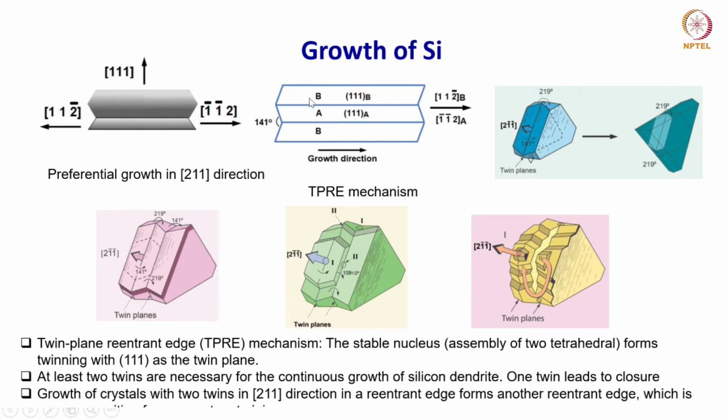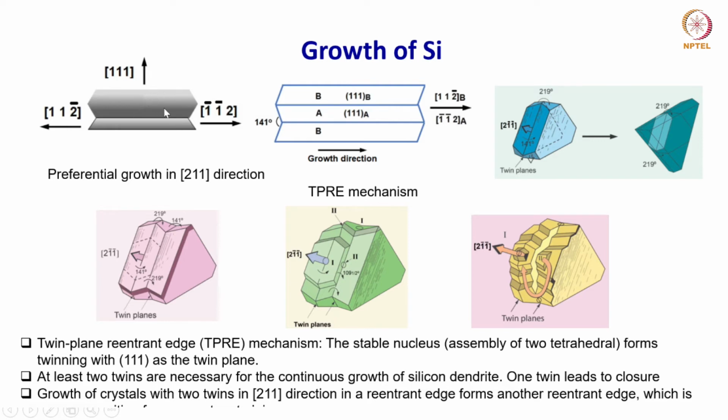This theory goes by the name TPRE, which stands for twin plane reentrant edge. So this mechanism tells you that when the silicon grows, twinning occurs, as you could see over here.